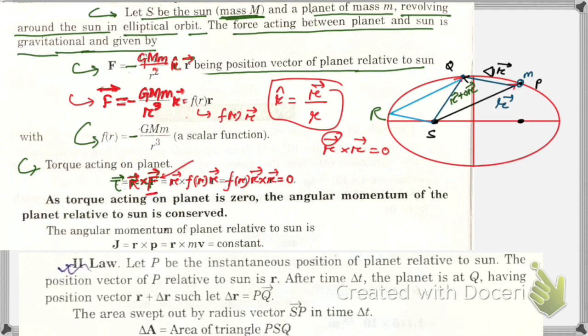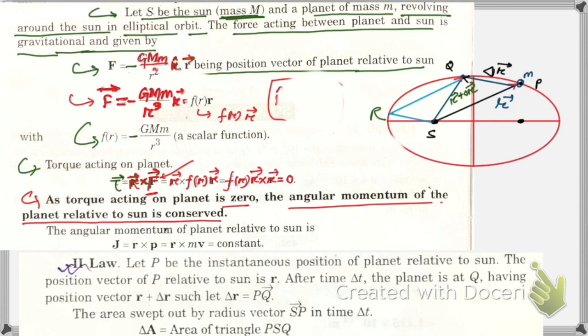As the torque acting on the planet is 0, the angular momentum of this planet relative to the sun is conserved. Now you see one more thing, that here we have got torque equal to 0, and we know that torque is nothing but rate of change of angular momentum.